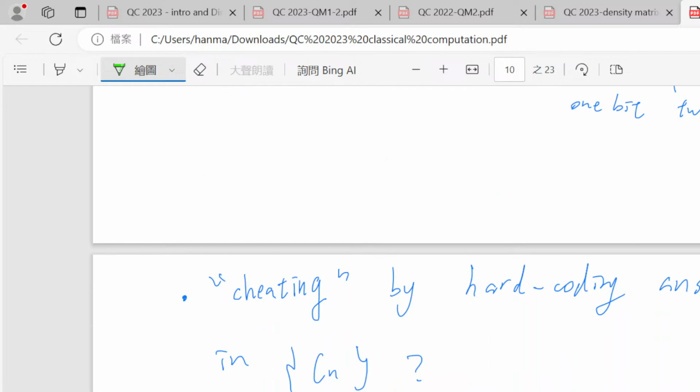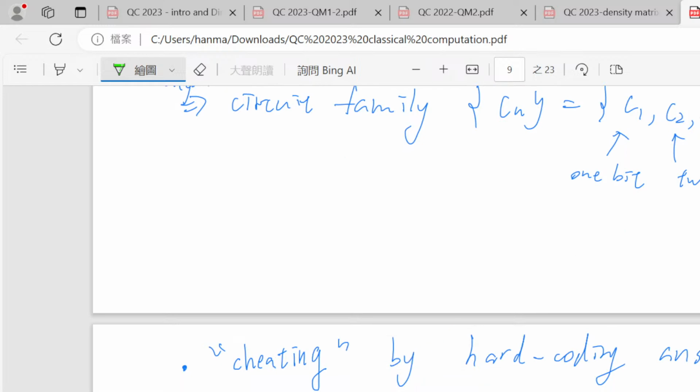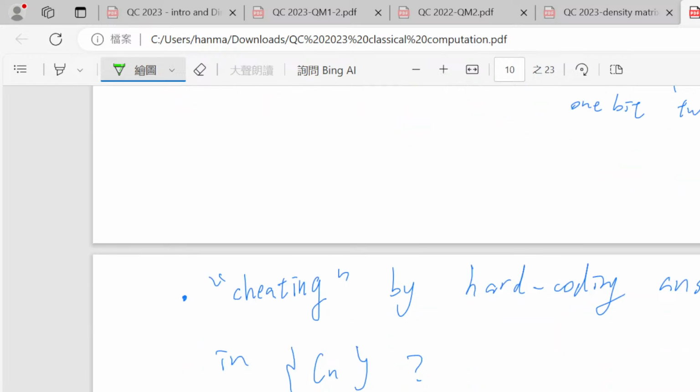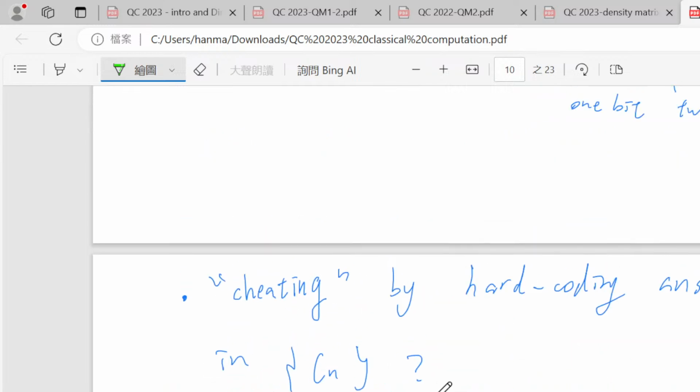For example, for every Cn you can hard code the halting answers inside your circuit, and then your circuit family will solve the halting problem. But we said the halting problem is unsolvable, so how is this possible?